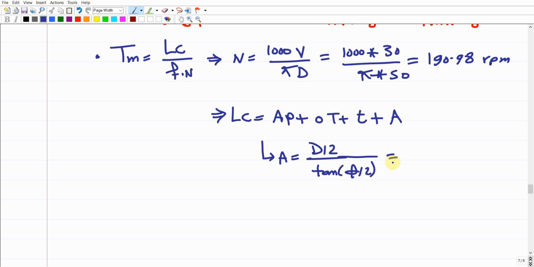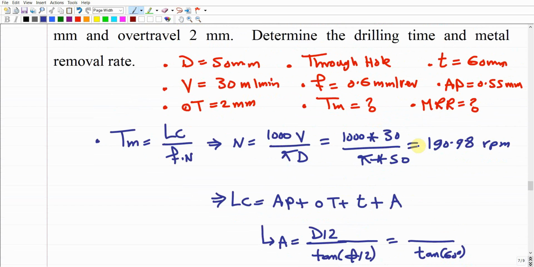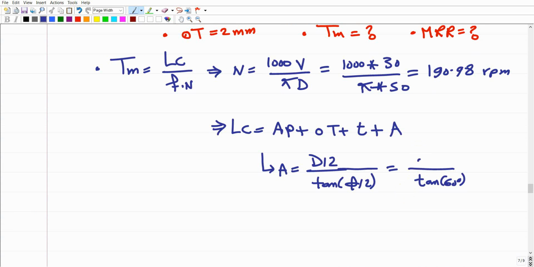The point angle is not given, so we're going to deal with it as 120, divided by 2. This is going to give us 60 degrees, so this will be the tangent of 60 degrees. And the diameter of the twist drill was given as 50, so on the top it's going to be 25. Doing the calculations, 25 divided by the tangent of 60 is going to give us 14.43 millimeter. This is going to be A.